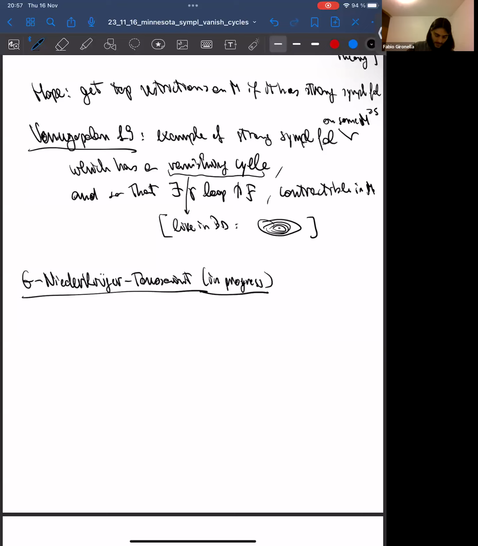So I'm going to write the statement: strong symplectic foliations have no what we call symplectic vanishing cycle. I'm going to explain in a second what it means.